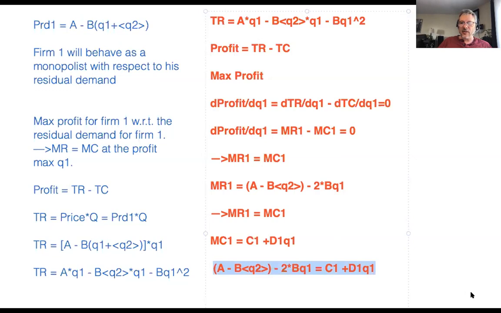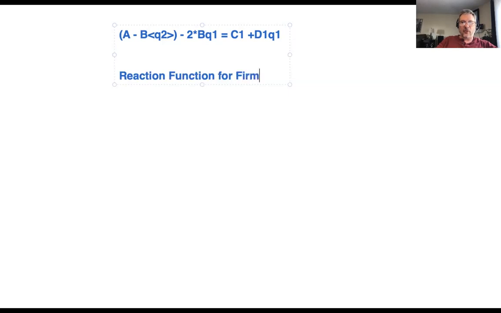Okay, so I'm going to go ahead and use another whiteboard. So we start from this equation and we derive the reaction function for firm 1. And the reaction function for firm 1 is going to give you Q1 as some general function of Q2.